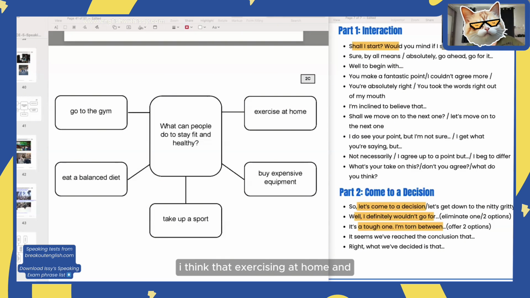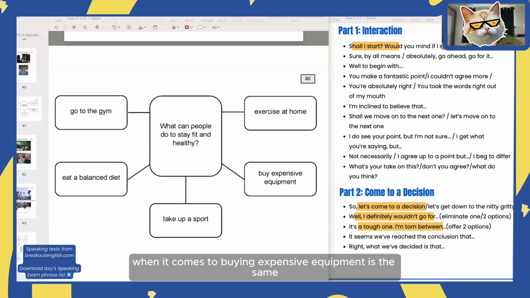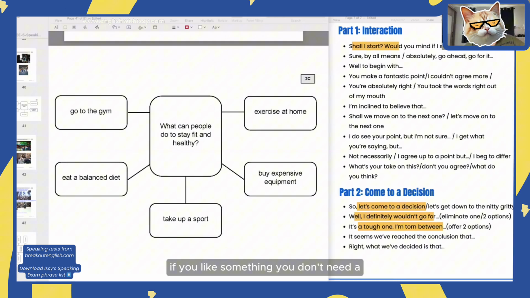I think that exercising at home or taking up a sport you like is completely fine. You don't have to stress yourself around other people. When it comes to buying expensive equipment, it's the same. If you like something, you don't need to buy anything expensive. Just start as you can.